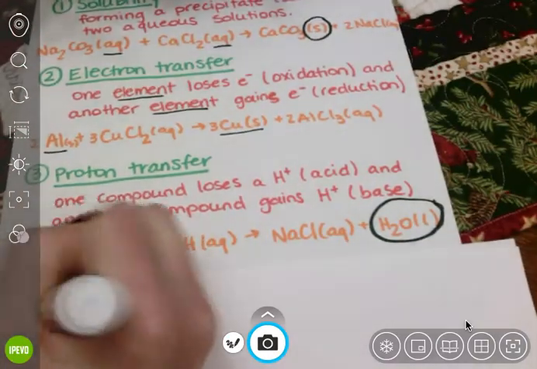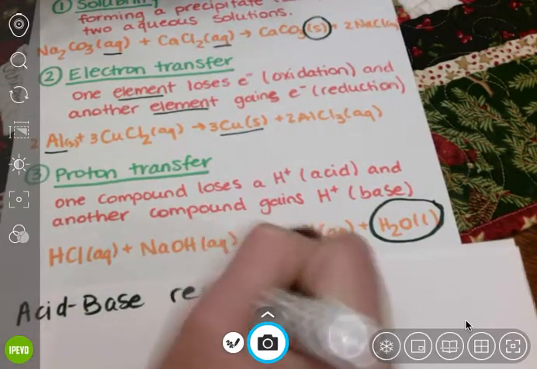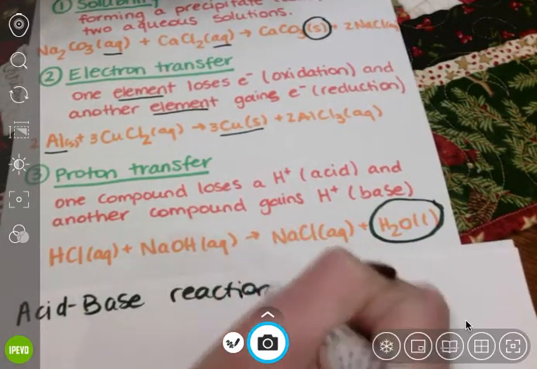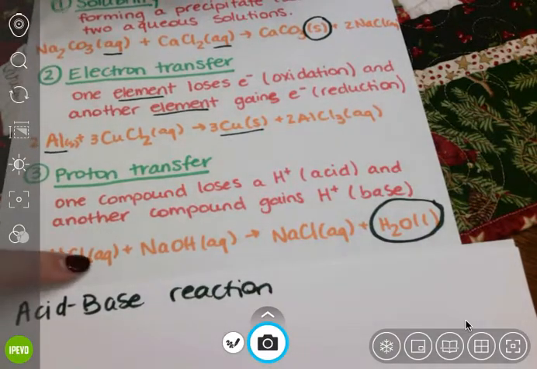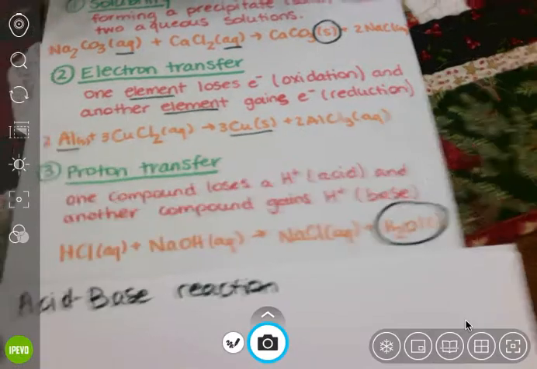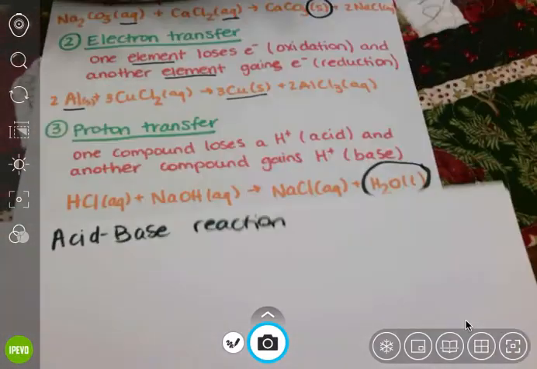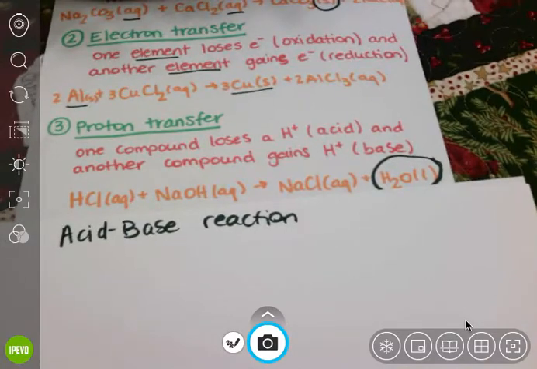And let's write the net ionic for this acid-base reaction. So for this acid-base reaction, we've got hydrochloric acid. That says AQ. Anything that says AQ gets dissociated in solution.